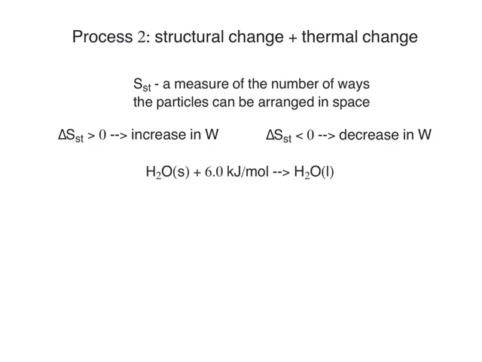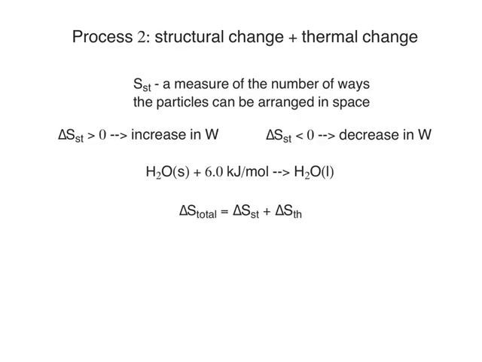So when solid water changes to liquid water, the value of delta S structural is positive and the value of delta S thermal is negative. That's because the system is transferring thermal energy into the phase energy account.